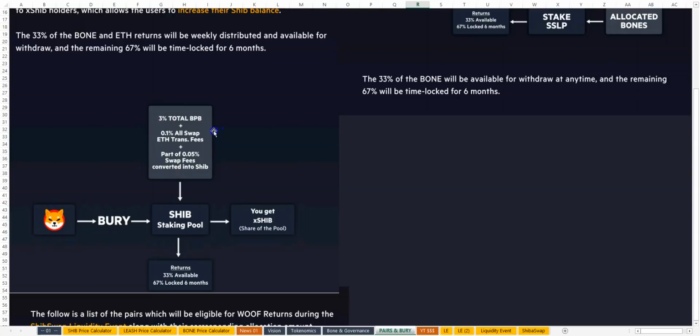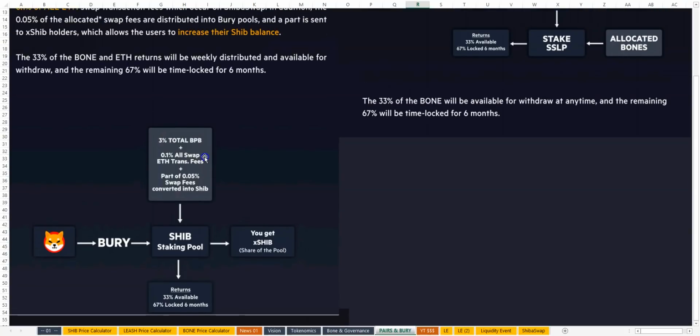As a percentage of that, you'll get a bit of BONE, and also 0.1% of all Ethereum swap fees. So every time a swap transaction happens, each swap incurs a transaction fee, and we're going to get a part of that.